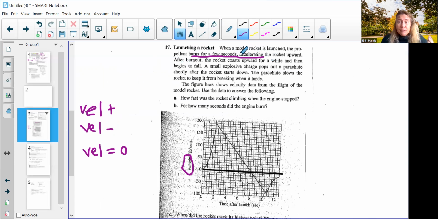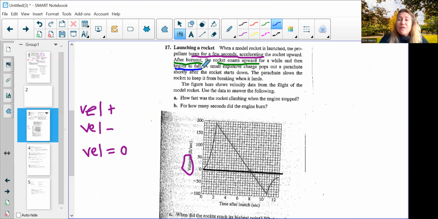This burning accelerant burns out. So after burnout, we have to consider when is it being propelled or accelerated, and when does that then burn out? After the burnout, it coasts upward a little while, and then it begins to fall. So we're going to be looking at where each one of these happen.